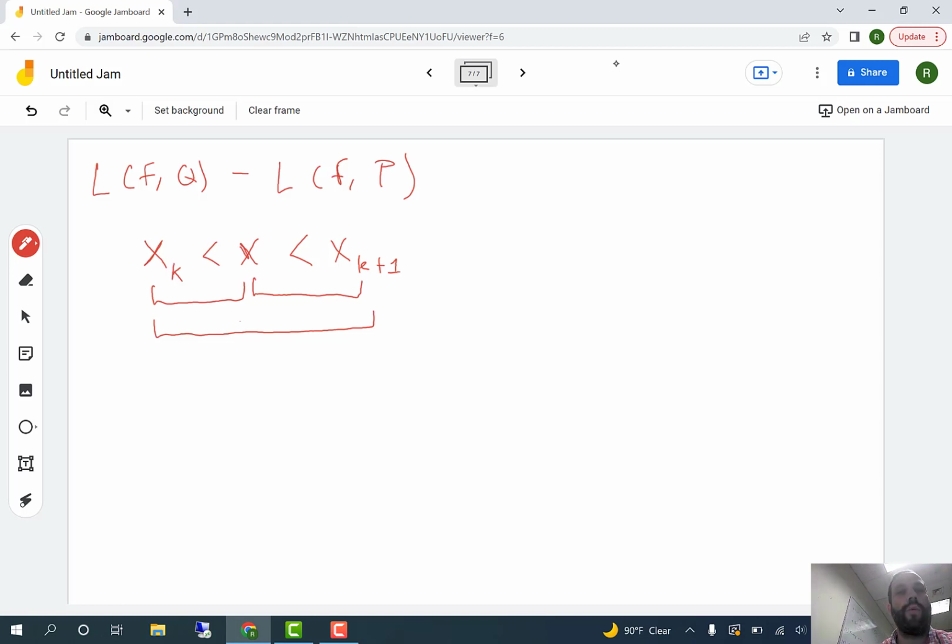Okay, so if I want to know what the difference between L of f,Q and L of f,P is, it's all going to come down to the analysis of what's happening on this interval here.